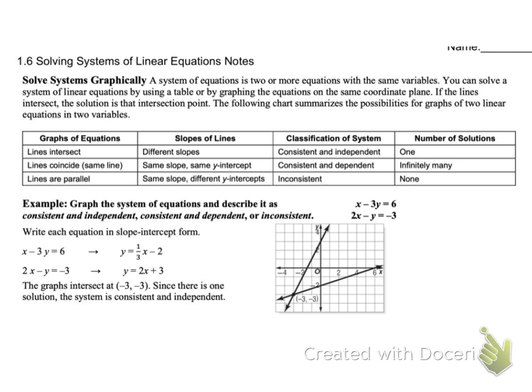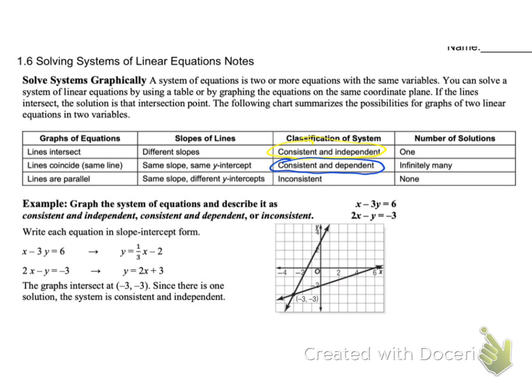When we are solving systems of linear equations, if the lines intersect, we will have one solution, like the example below, and we would say it's consistent and independent. If the lines are the same line and lie on top of each other, they're consistent and dependent.